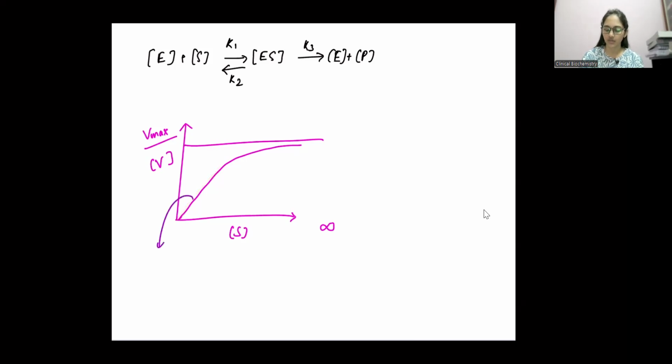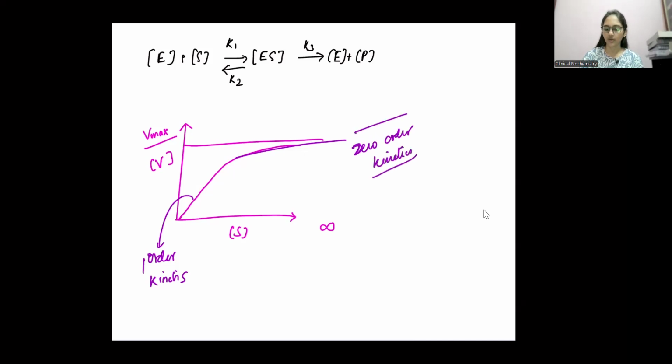Here there is a linear increase in the velocity with increase in substrate concentration. Whereas at a particular point, it's falling to a plateau, is it not? In this case, there is no linear relationship between the velocity and the substrate concentration. Here, the linear relationship is lost. So that's why you call this zero order enzyme kinetics.